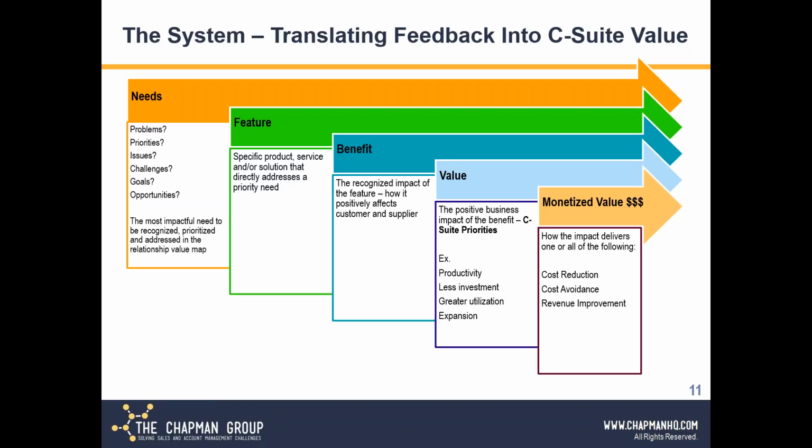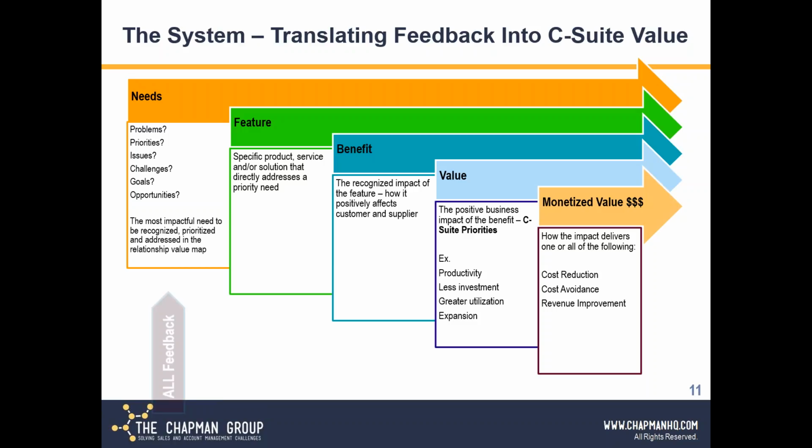I like to think of things as either process or system, and I'd like to offer up a potential system that's been very successful for obviously myself and others. And the system goes back a few years to the traditional need, feature, benefit, value world that we all lived in.